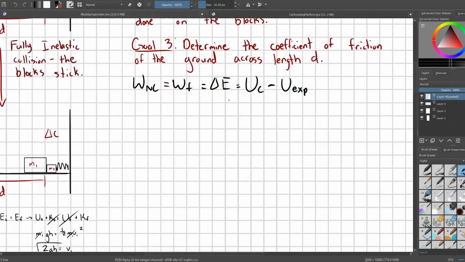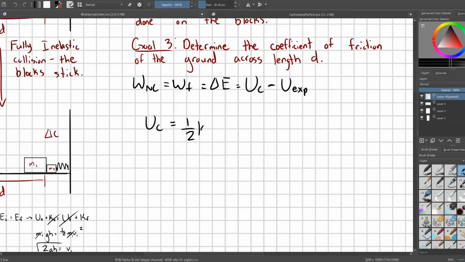Let's go ahead and start by just getting what potential energy we observe. So UC, which comes from this delta C over here. So in general, potential energy is 1/2 kx squared.